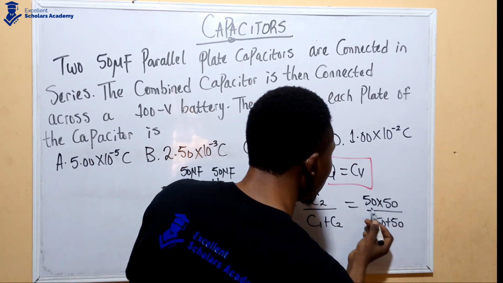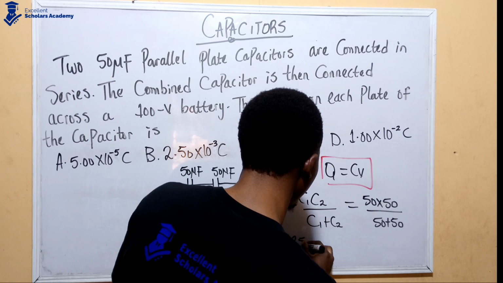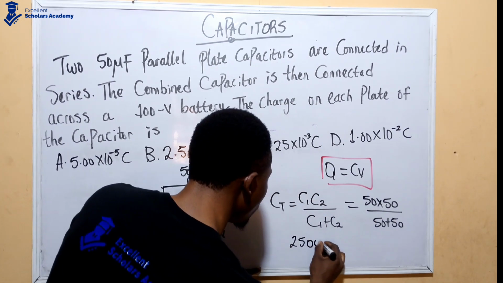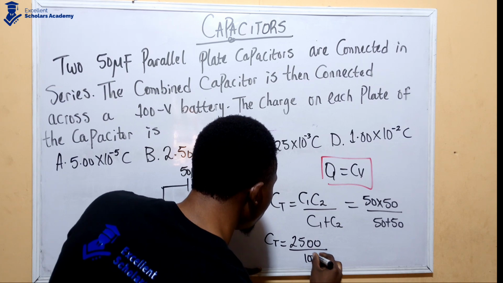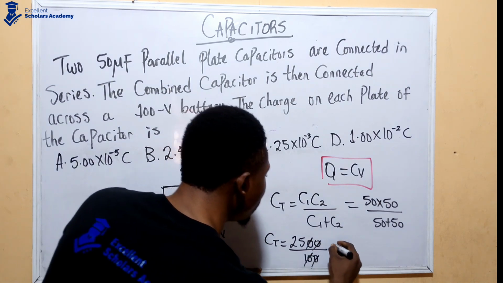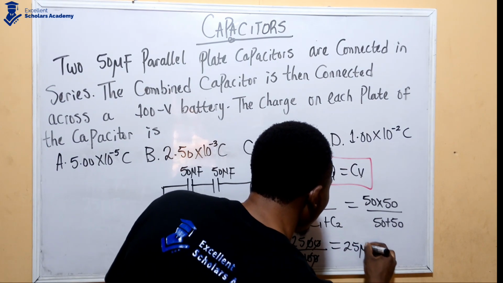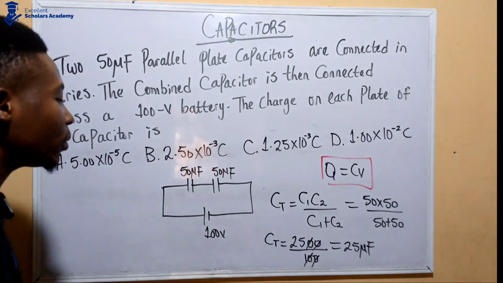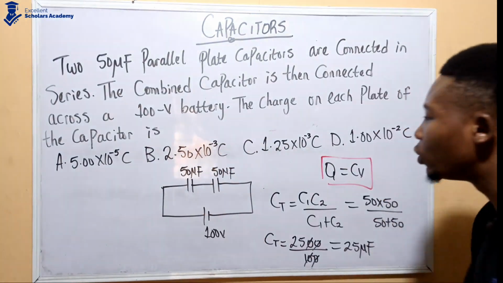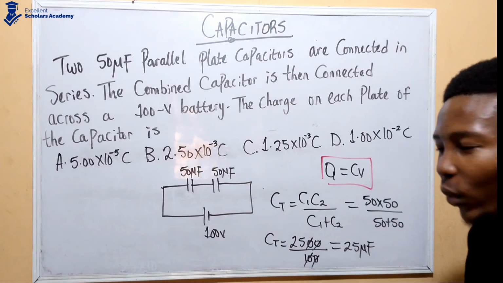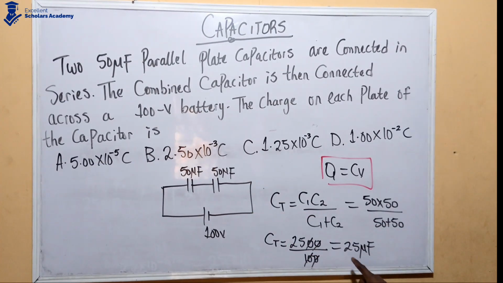Of course, 50 times 50, 5 times 5 gives us 25, and the 0 and the 0 give us 00, over 50 plus 50, that gives us 100. Now this 0 takes away this 0, which is equal to 25 microfarad. Do not forget that this is in micro. So this is going to be 25 microfarad.